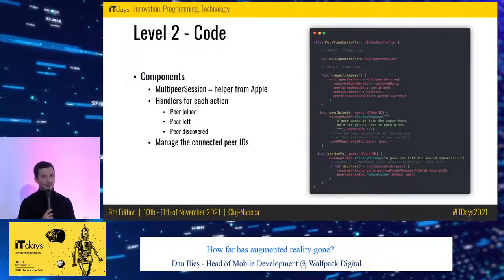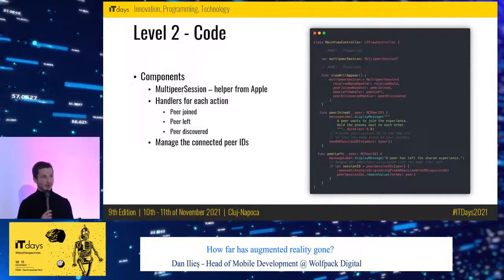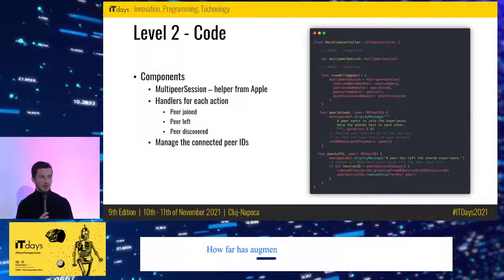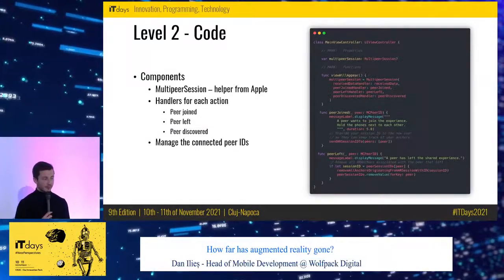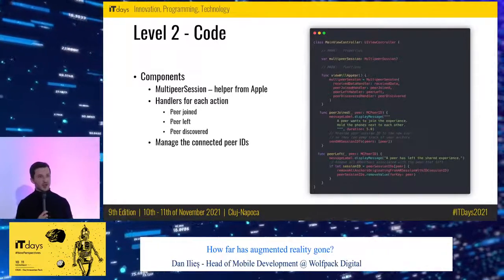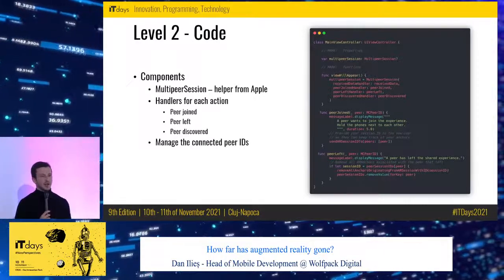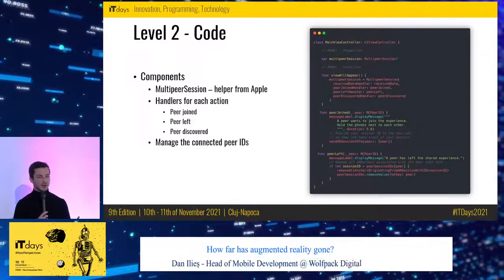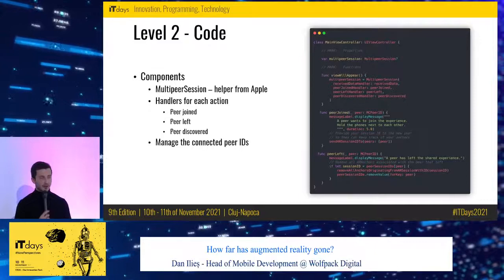What's different from level 1? It's this multi-peer session compared to the simple AR session that we had in the first two examples. This multi-peer session is a helper that Apple created, and it makes it easy for us to connect the phones and distribute their IDs and the objects.